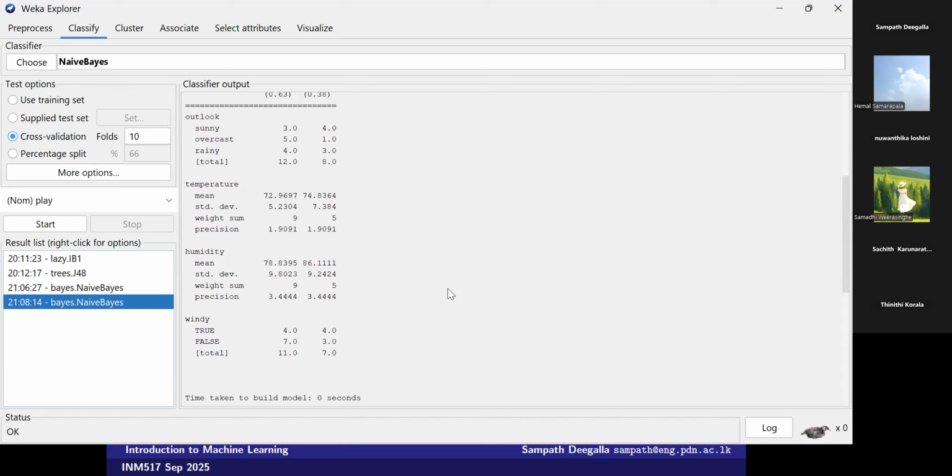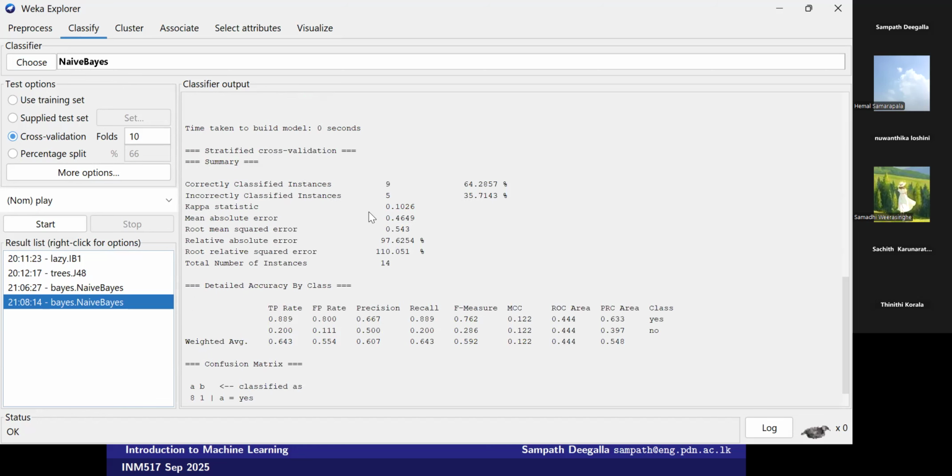You can see here, if you focus here, they simply calculate the mean and standard deviation so that they can apply probability density functions to calculate the probability values. And that's exactly what we have discussed in the theory. So that's all we have for today then.